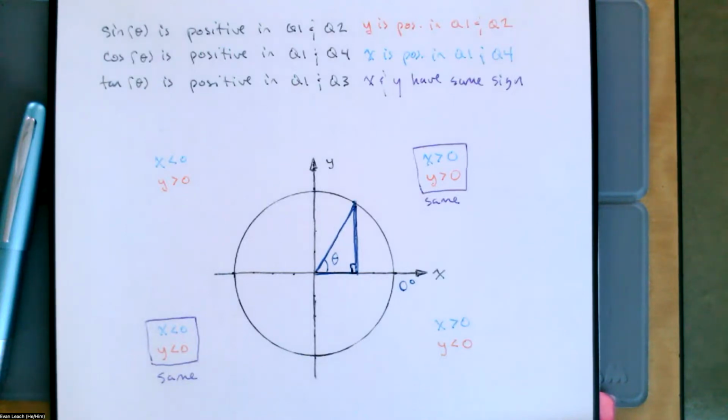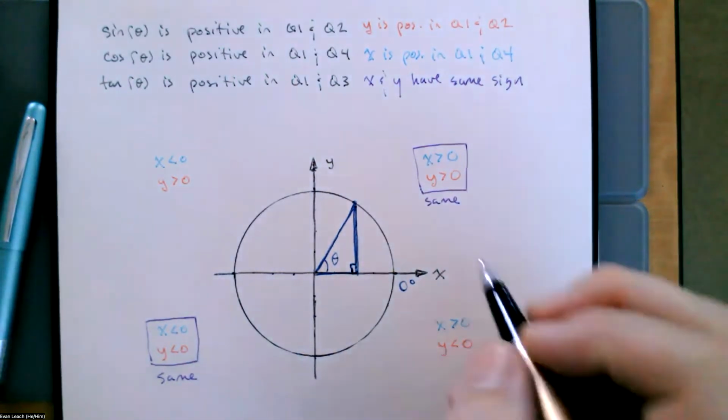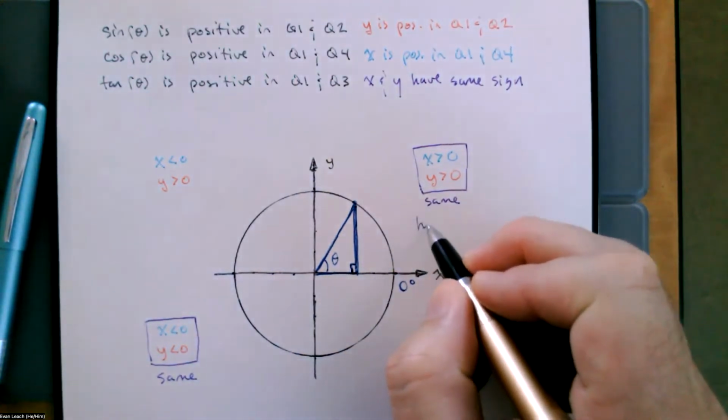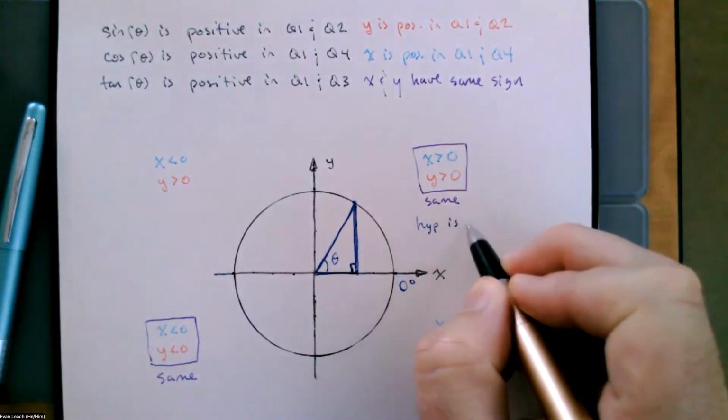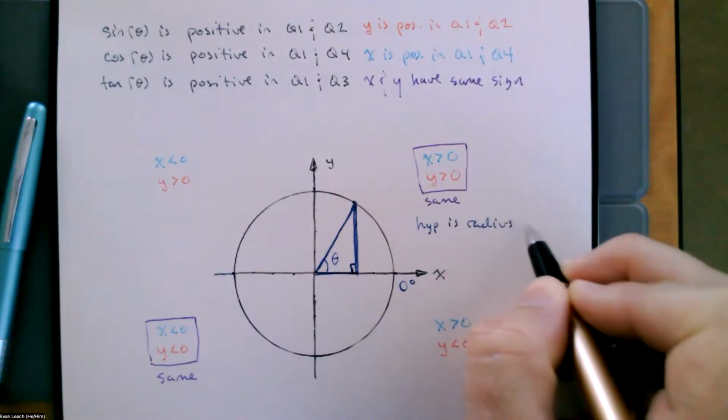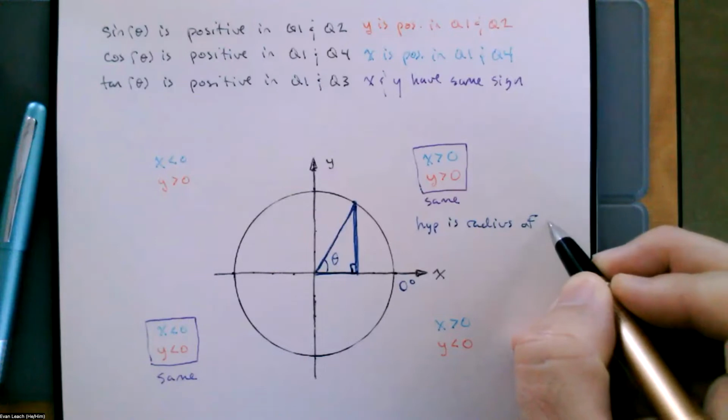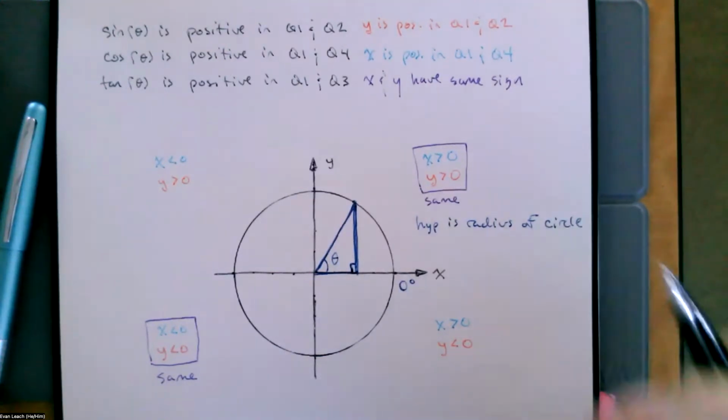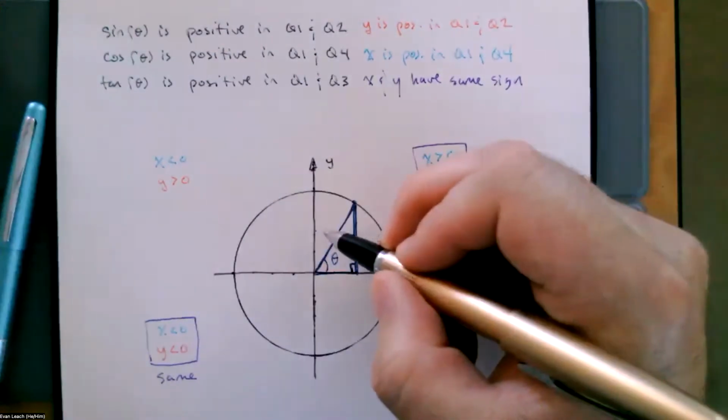Now let's just start with an angle in the first quadrant. Here's a right triangle with the angle theta. Notice that the radius of the circle is going to be our hypotenuse. So the hypotenuse is the radius of the circle.